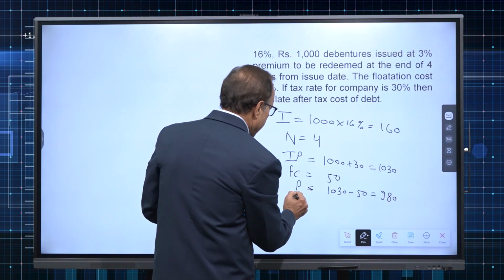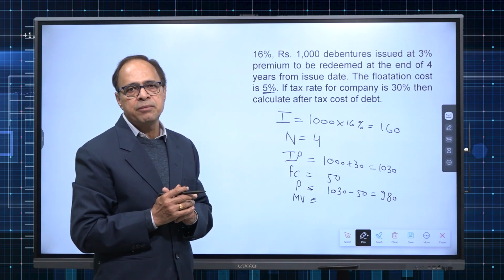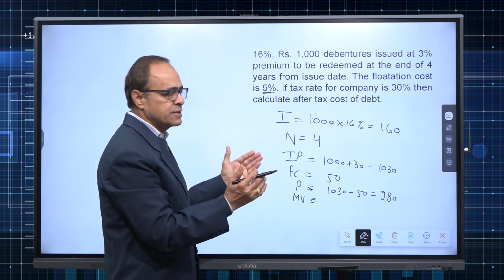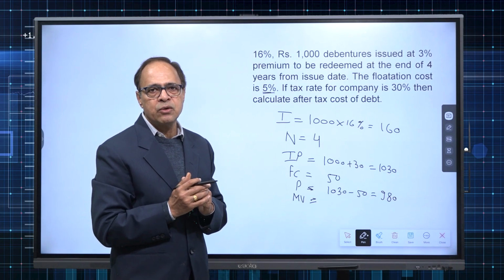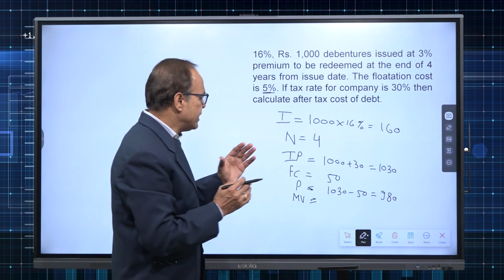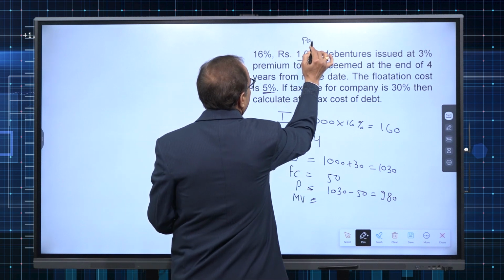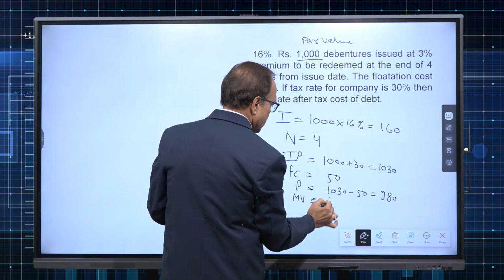Then what is my maturity value? If you read the numerical, it does not say anything about how it will be redeemed. It will be redeemed after 4 years, but at what price? So again my submission is that if the question is silent about the maturity value, at least par value will be paid back. So this is the par value or face value, 1000.